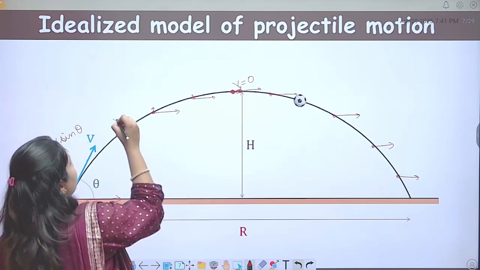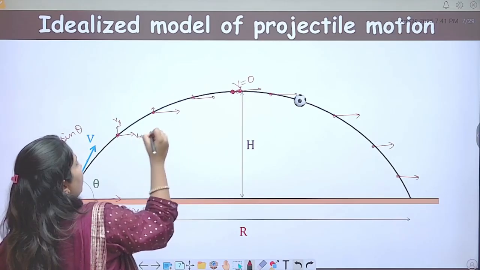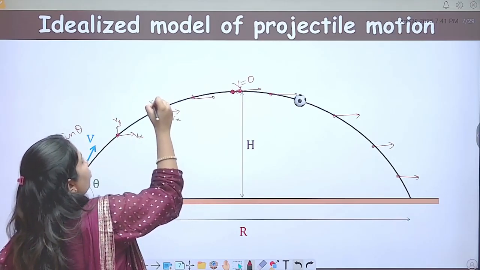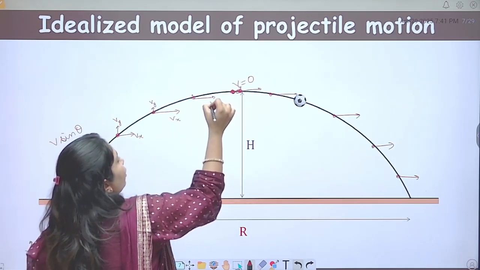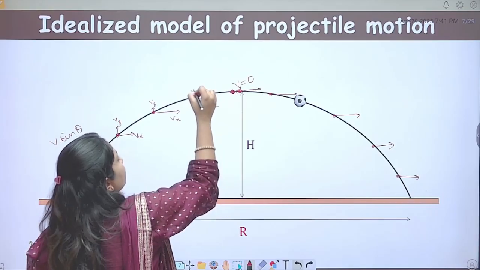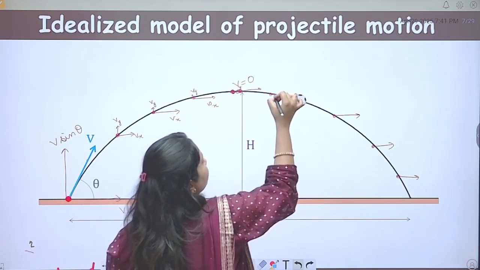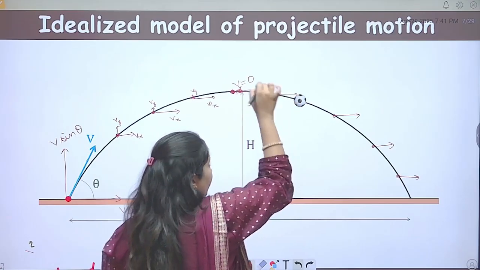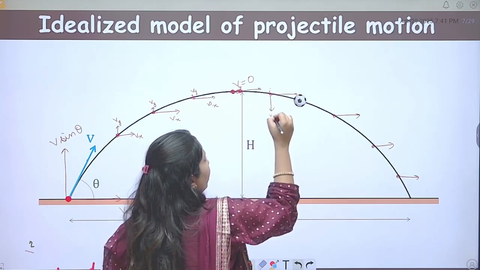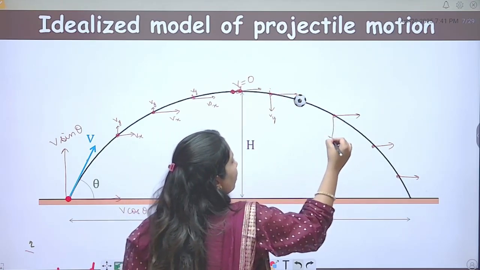This is Vy, this is the x component, and this is the y component. Vy becomes 0. From here it again begins to increase.